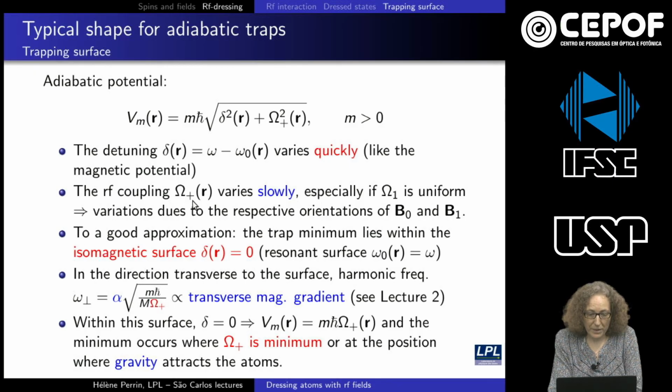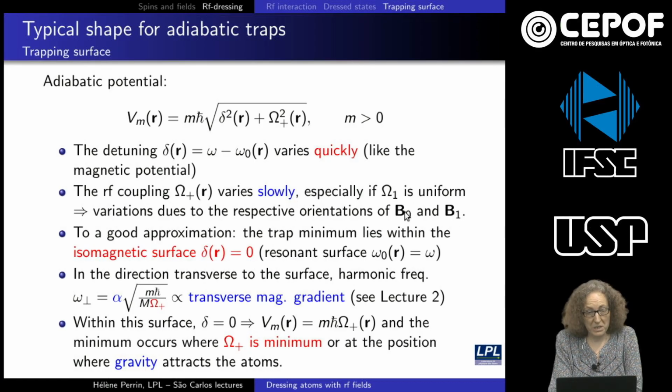The radio frequency coupling omega plus in general varies slowly, especially if we shine a uniform radio frequency field, and its variation is essentially due to the variation of the relative orientation of the magnetic field and the RF field, because we have to take at each point the projection on the sigma plus polarization.